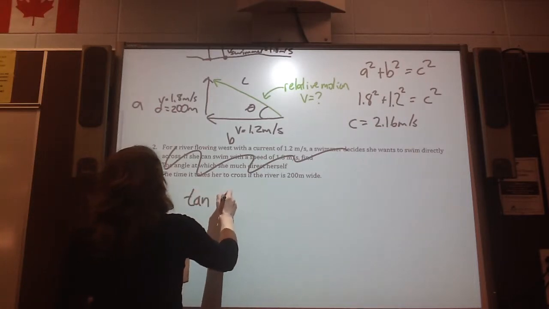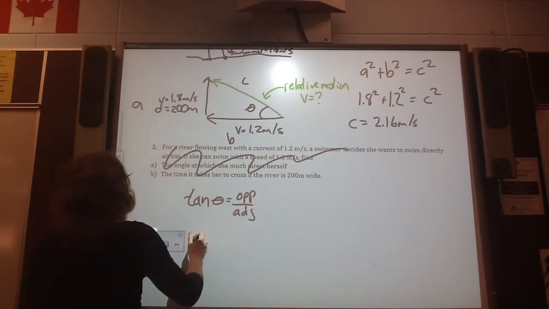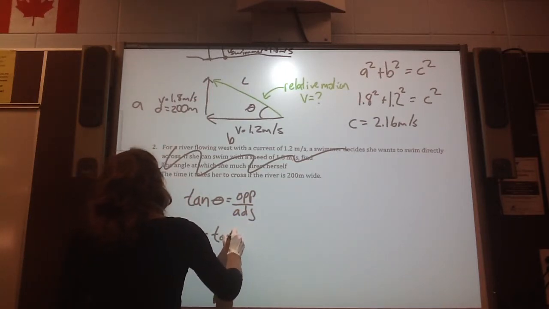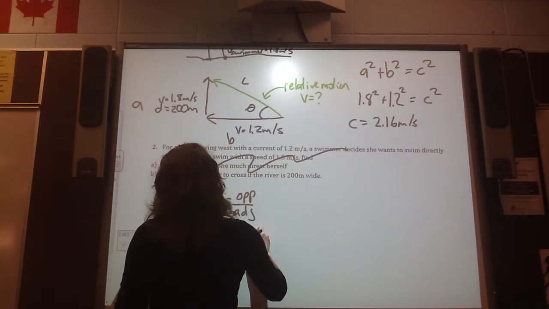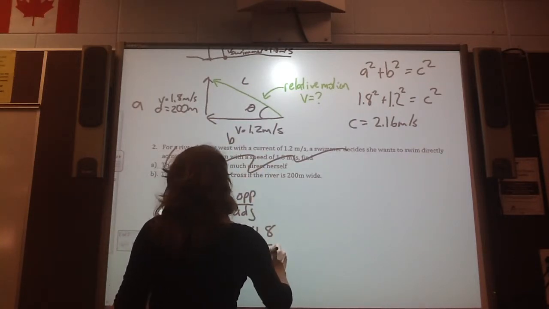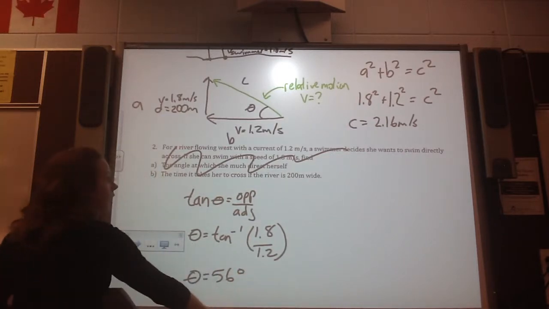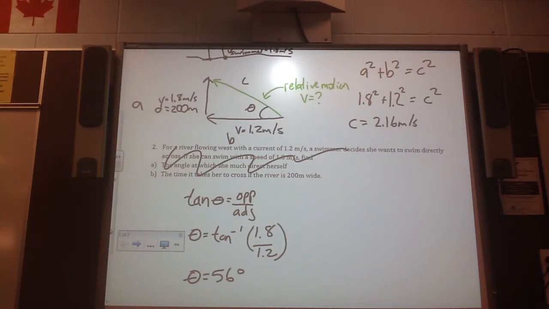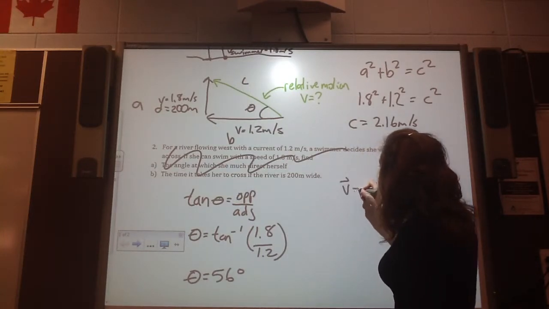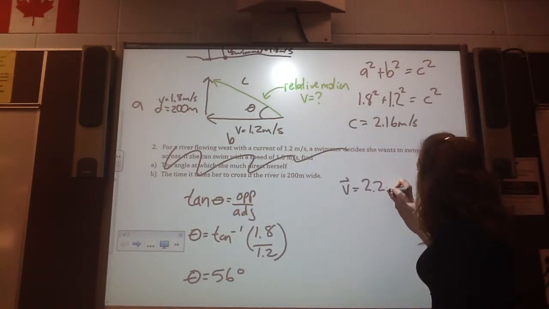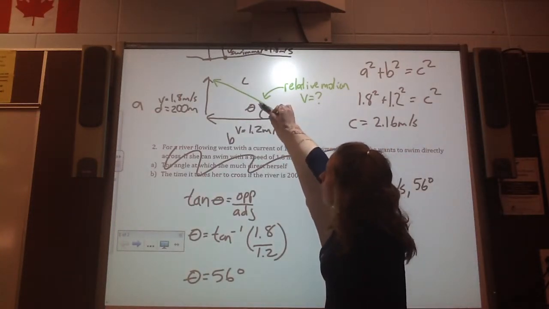If you pick something else, it should get the same angle though. So theta is 56 degrees. So now, as Ray said, we need to put our answer into sig digs. So our V vector answer is 2.2 meters per second, 56 degrees north of west.